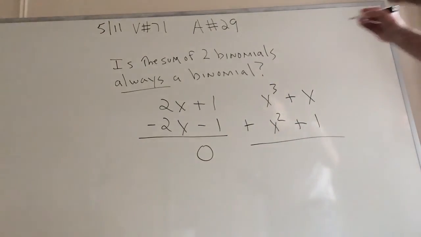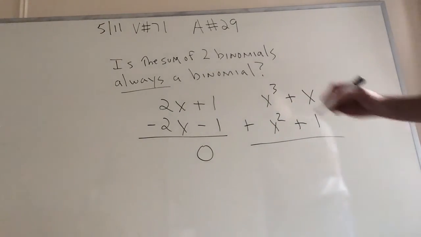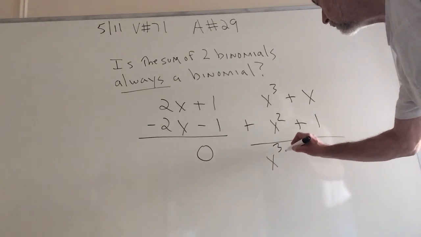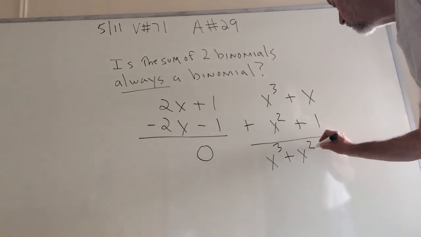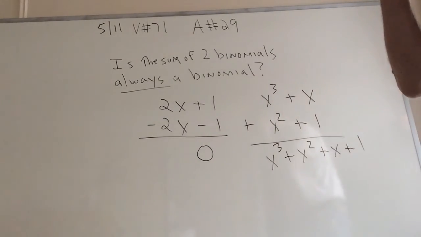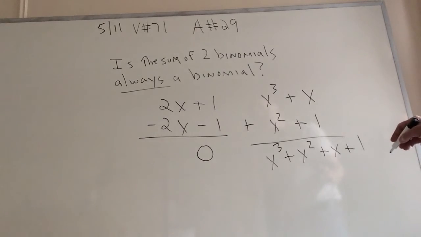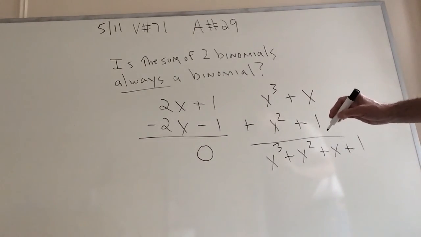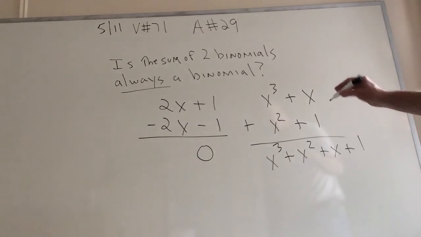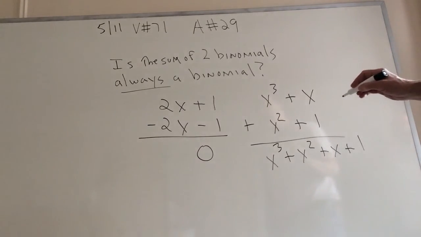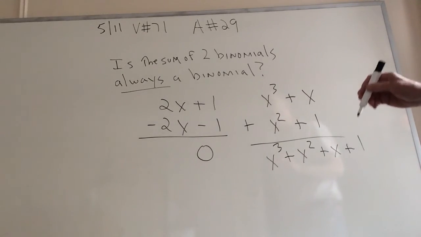So if I have two random binomials which don't have the same power, then of course what do I get? And you should think about what I just did, because this is called thinking abstractly about the math. You get a cubic polynomial, degree 3, which we've come up against again and again. So the answer to this question that they're asking you to think about things is, the answer is no.